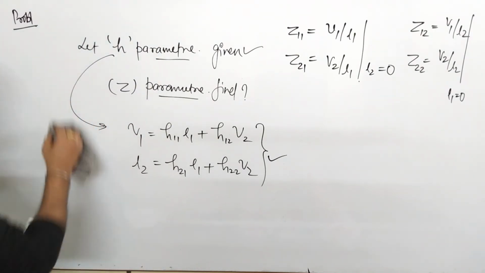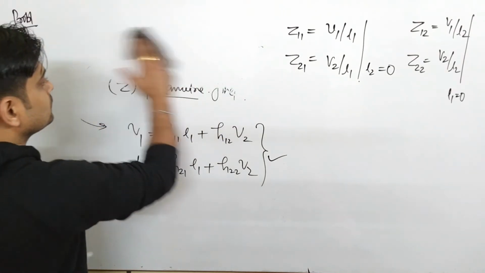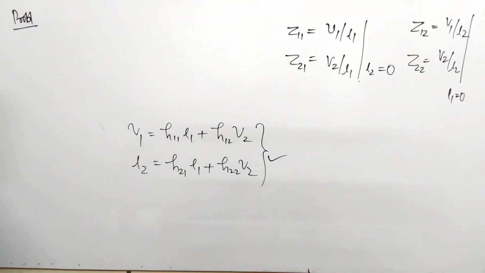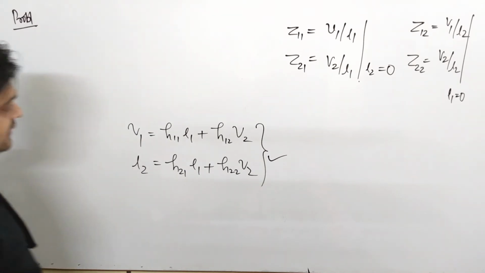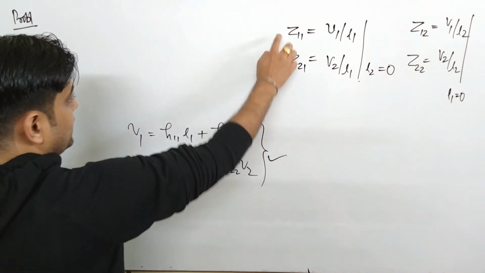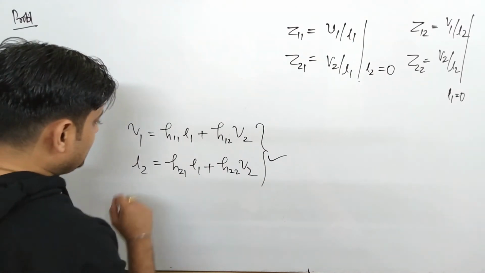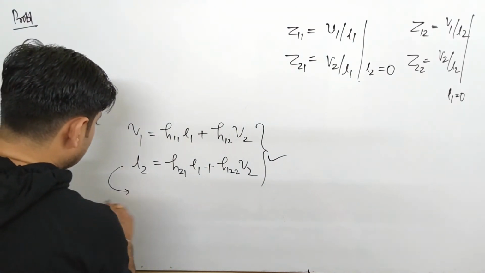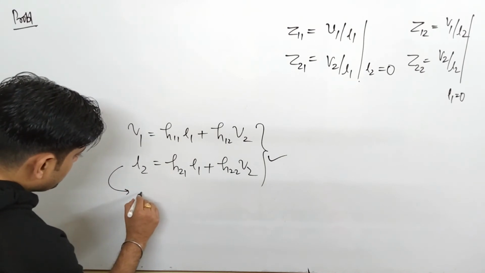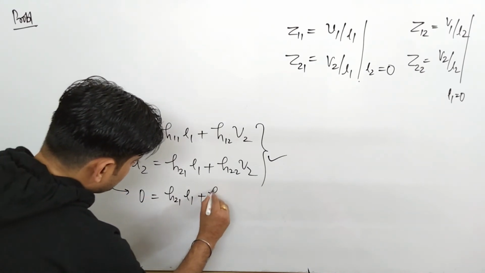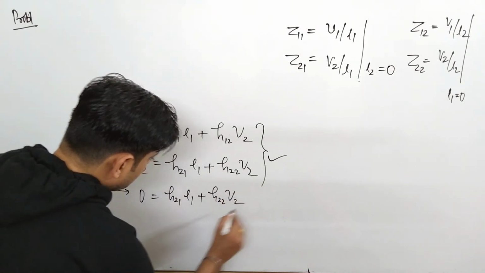Okay, so now we will see how we find it. For finding z11 and z21, you can find them when I2 is 0. If I2 is 0, it comes to be 0 equal to h21 I1 plus h22 v2.